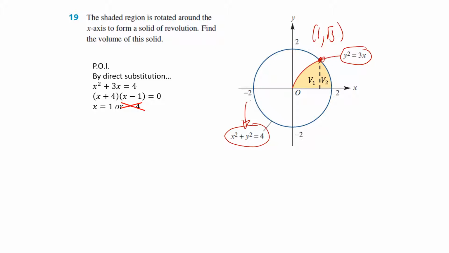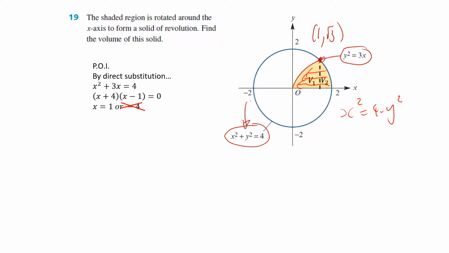I might just make the point that, of course, if I was rotating around the y, it would be a difference of two curves. Upper curve being the circle, so I'd make x squared the subject: x squared is 4 minus y squared.